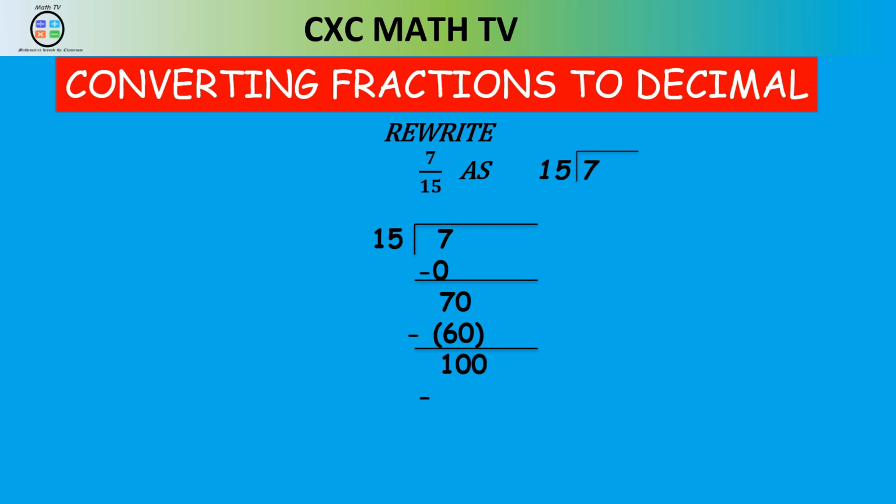Then we add another 0. 15 into 100 goes 6 times. 15 times 6 is 90. Then we subtract. 100 minus 90 leaves 10. Then we add another 0. And then 15 into that 100 again goes 6 times. 15 times 6 is 90.